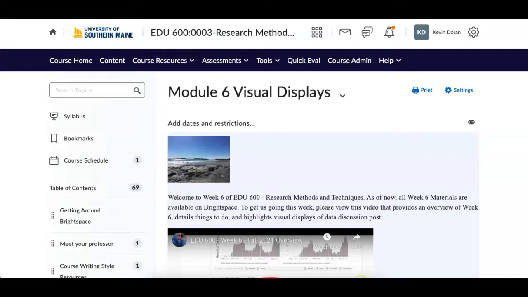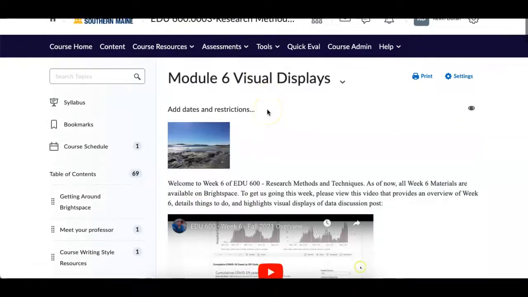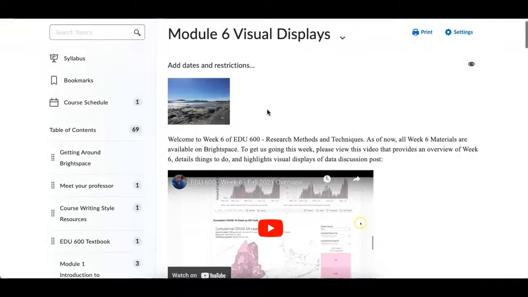So that is it as far as week number 5 goes. Now we're into week number 6, or module 6. In module 6, we're going to be discussing topics, especially the visual display topics of research that most everybody has probably had some experience with.